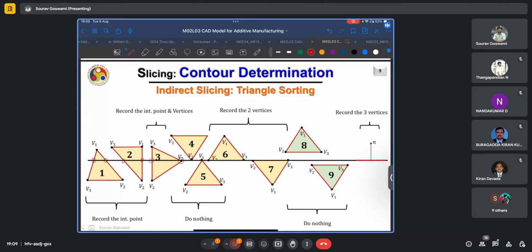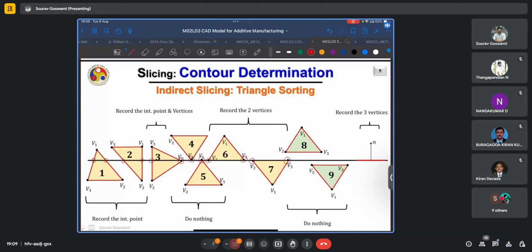It may coincide only with one point and have no other point of intersection, or it may coincide with two vertices. The third vertex may be either above or below the plane.